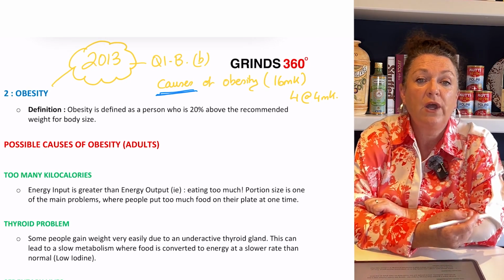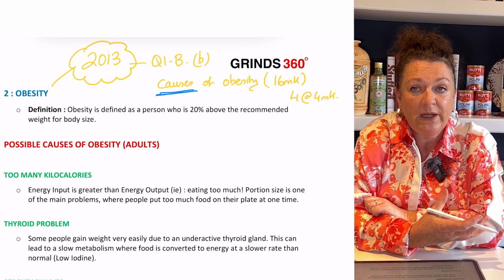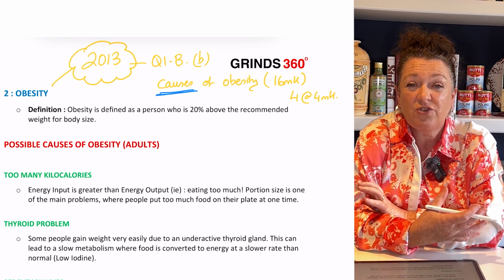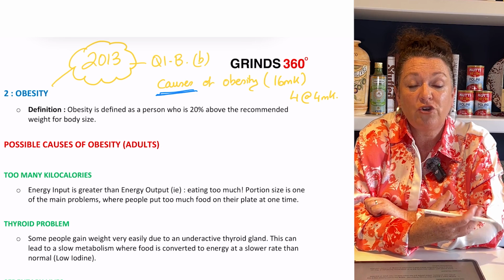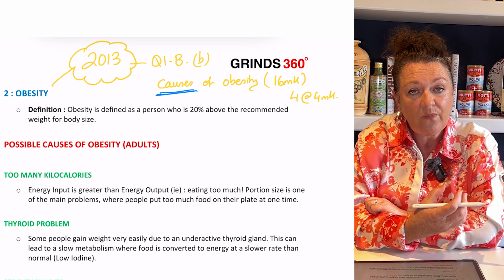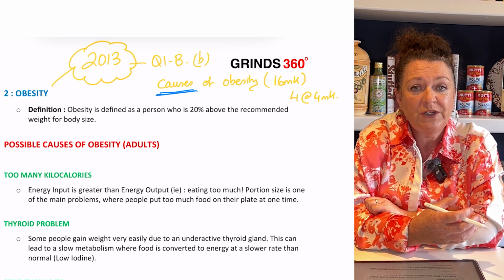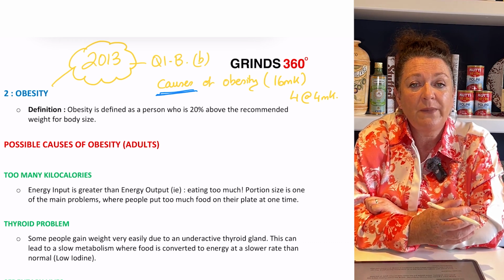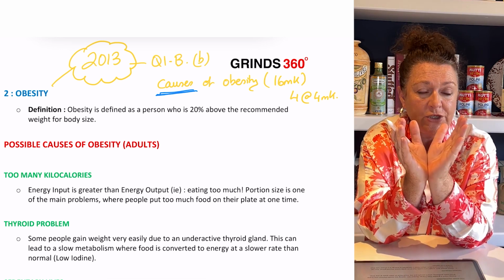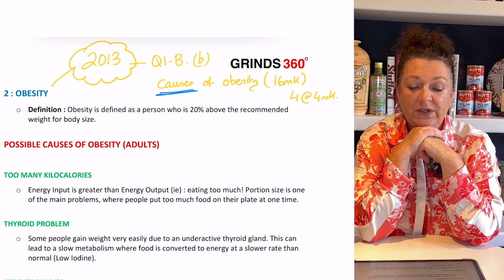Now, first of all, what do you mean by the term obese? So we have morbidly obese, where a person is extremely overweight to the point that they are shortening their life. And then we have obesity. Obesity is defined as when a person is approximately 20% above the recommended weight range for their specific height or body size.